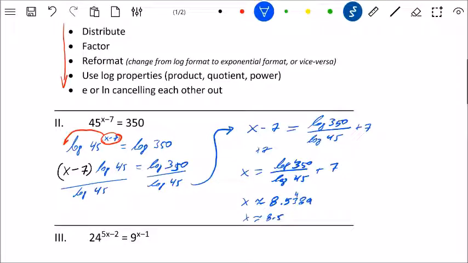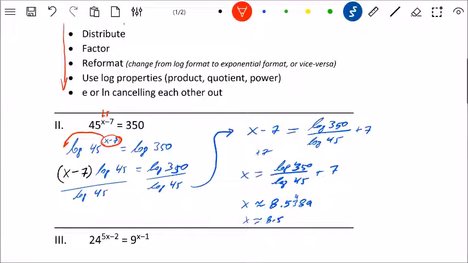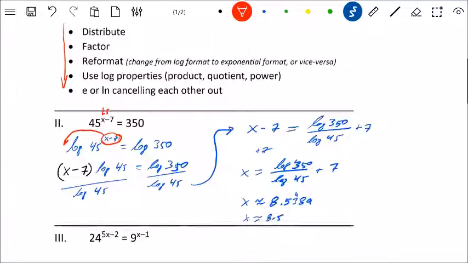Now, you could put that back into here. If we put 8.5 into here, we have 8.5 minus 7, so it'd be about 1.5, give or take. And if you put that into the calculator, you would find that 45 to the 1.5 power is approximately 350.